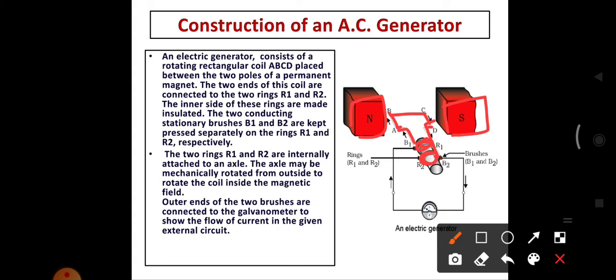Two conducting stationary brushes, B1 and B2, are kept near R1 and R2. The two rings are internally attached to an axle.